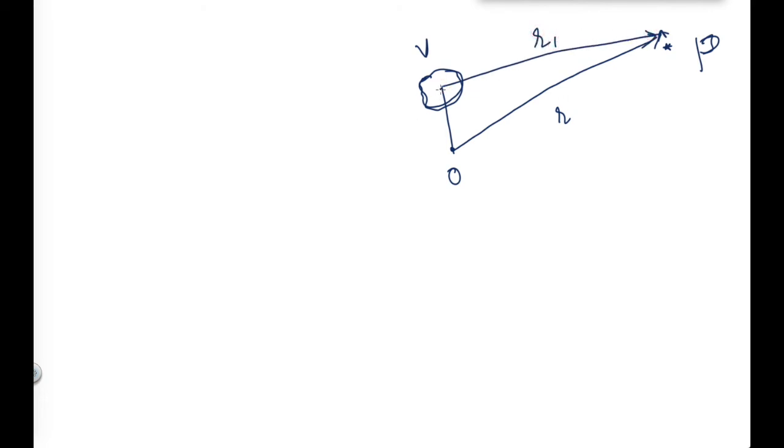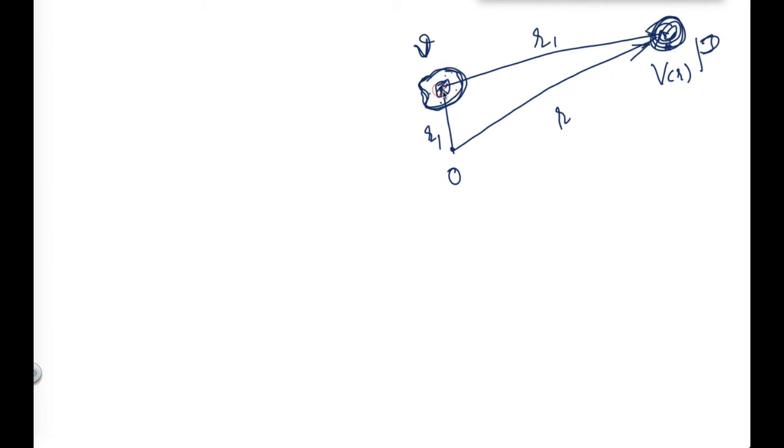You are going to consider an origin here, and a charge distribution distributed over a given volume, say V. You are going to measure the potential due to this charge distribution at point P, which is at the position R. You are going to find the potential due to this charge distribution over a volume V, which is distributed at the position R1 from the origin, at point P which has position vector R. This R1 is subject to change because it is a distribution.